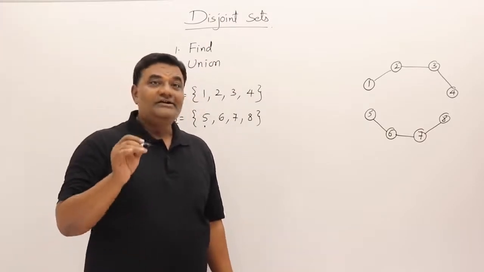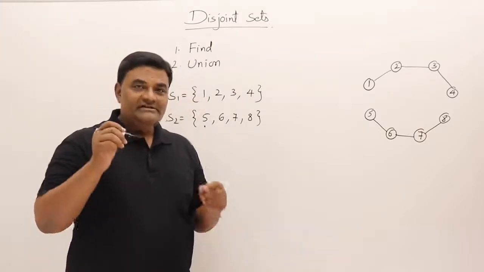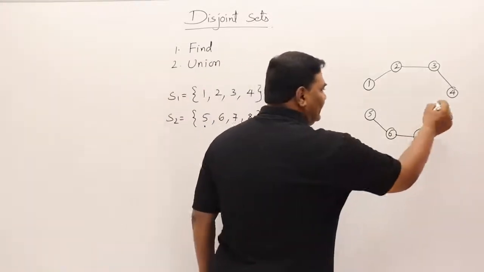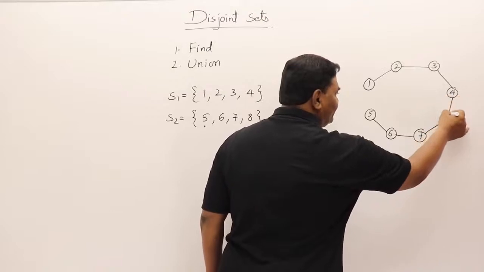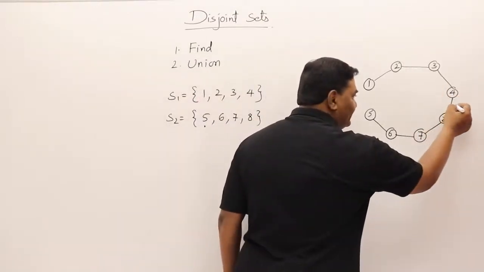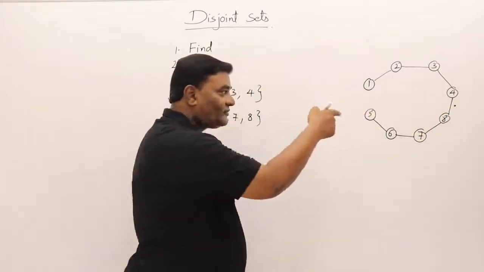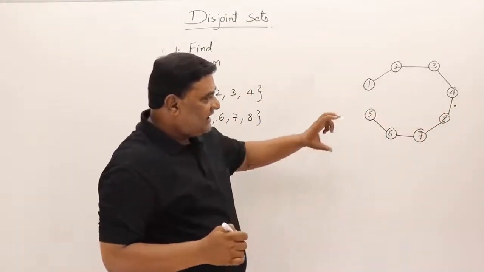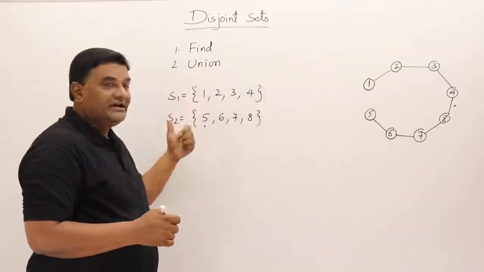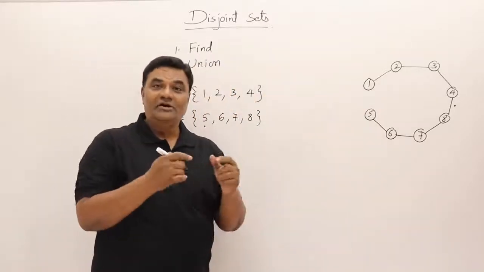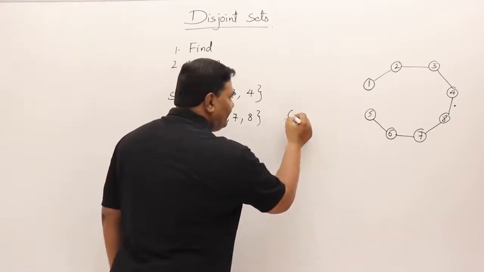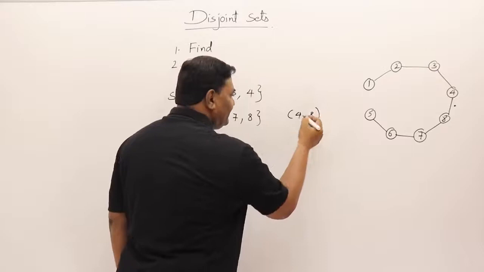Now let us look at union operation. To show you union operation, I'll connect these two with an edge. I have added this edge, that is 4 to 8. When you add an edge, we perform the union operation. We connected 4 and 8.